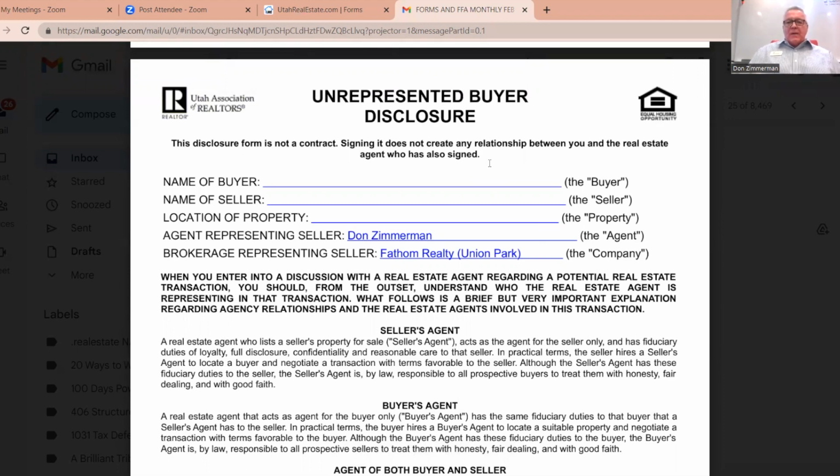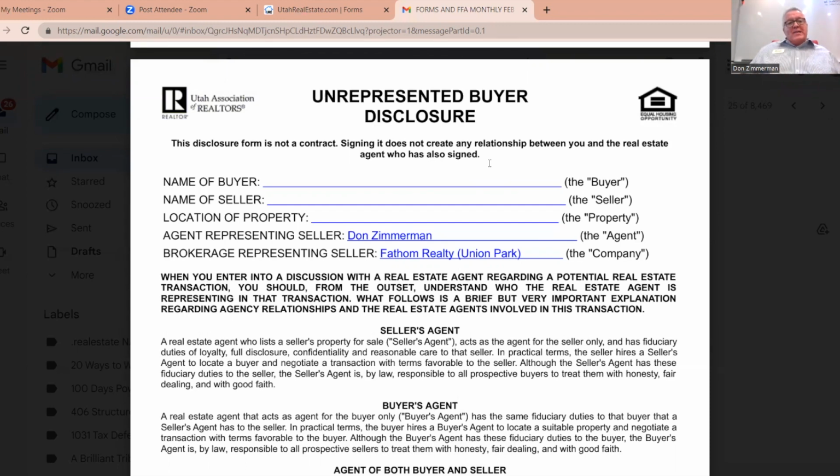If you have an unrepresented buyer, and this might be an opportunity for you to get the other side of it, maybe at a reduced rate, the Division of Real Estate says all you can do is put in a manila folder, or whatever folder you want, blank copies of the forms that they need to fill out. In fact, it'll probably scare the buyer to death unless they've done a few of these, unless they're an investor or something.